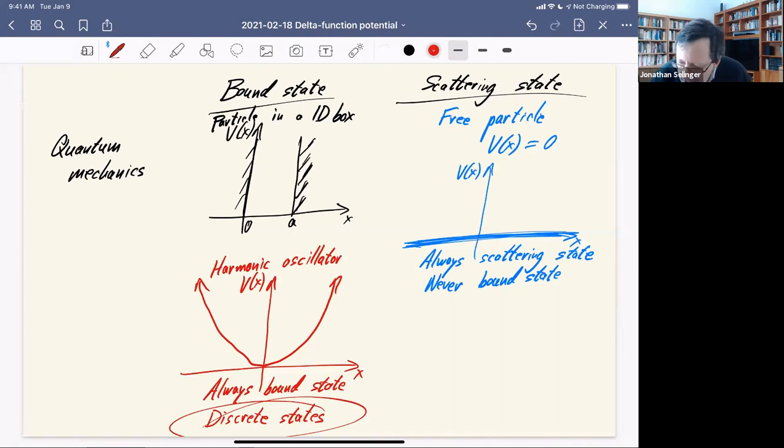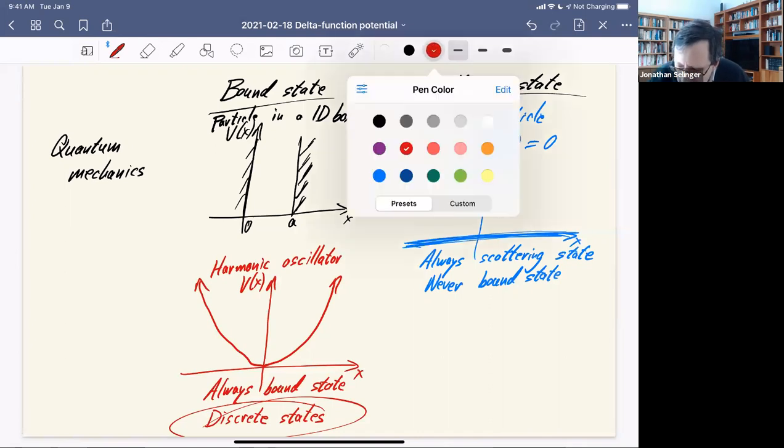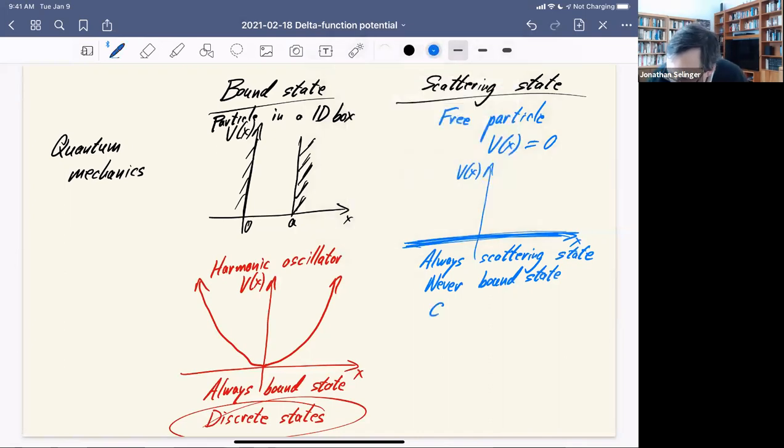Whereas in the case of scattering states, it's continuous states. That is, you can't count the states on your fingers.